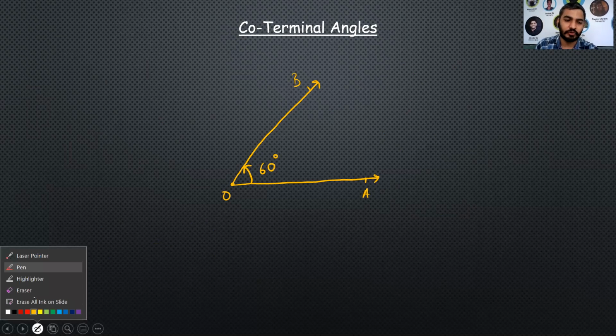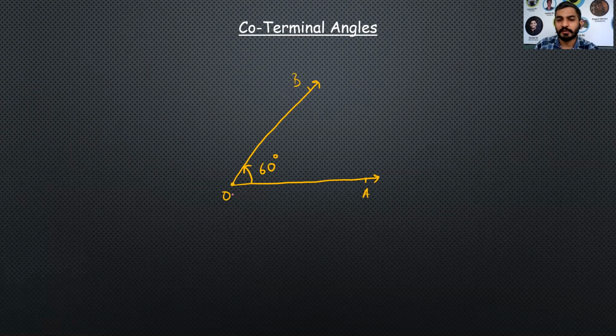If I say to draw an angle of minus 300 degrees, your angle will be in clockwise direction. So this will be minus 300 degrees, as everyone can see.